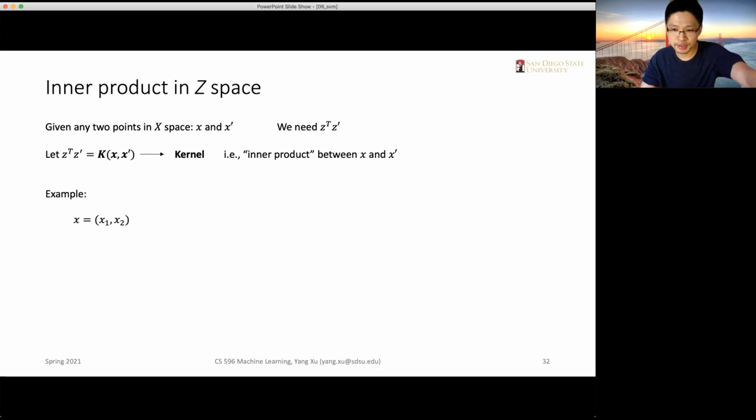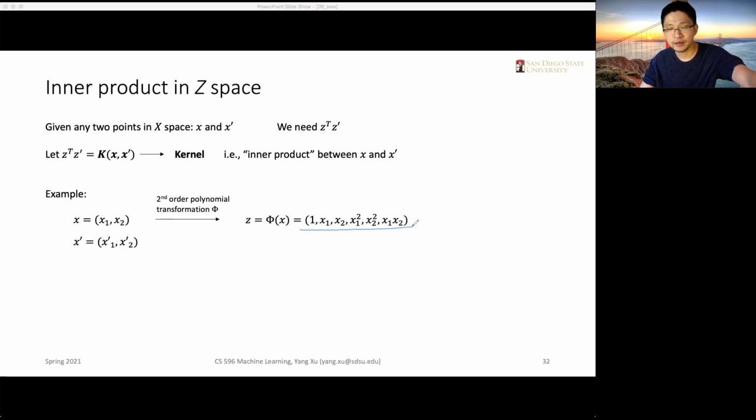So a concrete example: if we have X and X prime like this, and we use the second order polynomial transformation phi, then the Z of X becomes this form.